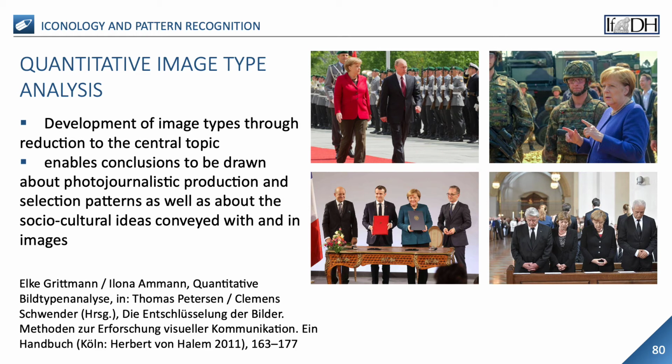Then it's the troop visit type. In a similar way, the type of signing a contract can be distinguished from the type of mourning. The identification of such image types enables research to draw conclusions about photojournalistic production and selection patterns, as well as about the social cultural ideas conveyed with and in images.